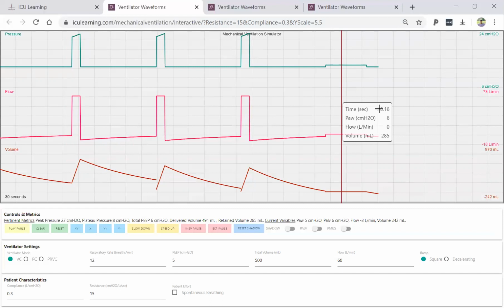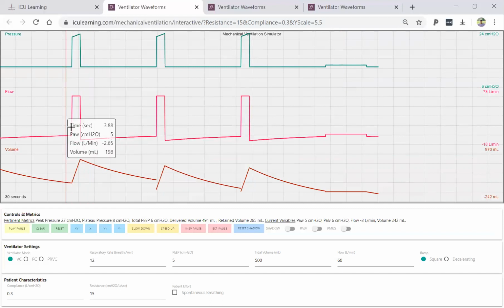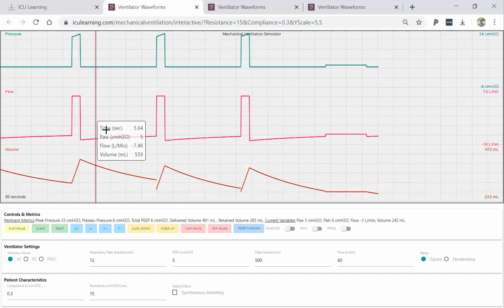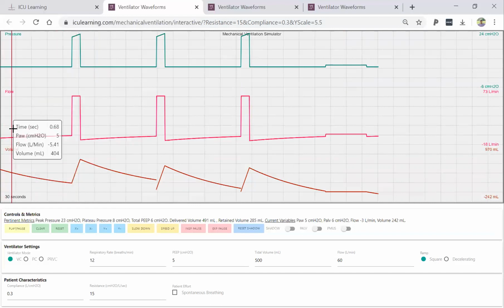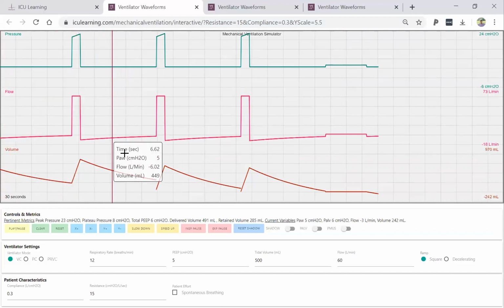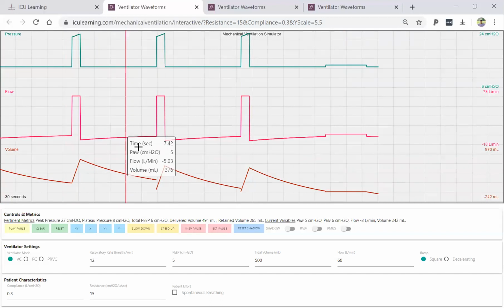And so again, this patient has air trapping or auto PEEP, which we diagnosed using 3 things. First, noting the discrepancy between the areas under the curve in inspiration and expiration on the flow waveform. Second, by noting that the expiratory limb in the flow waveform does not go to baseline or 0.